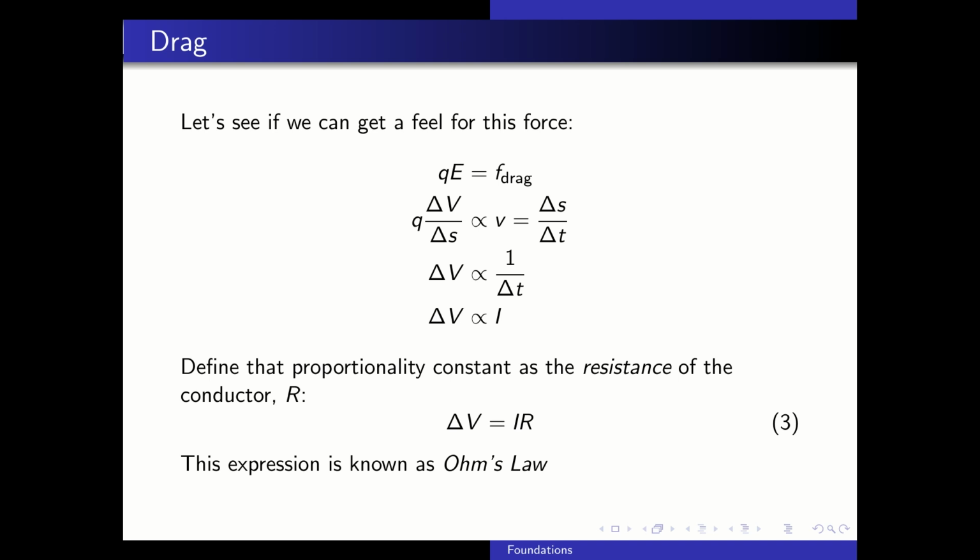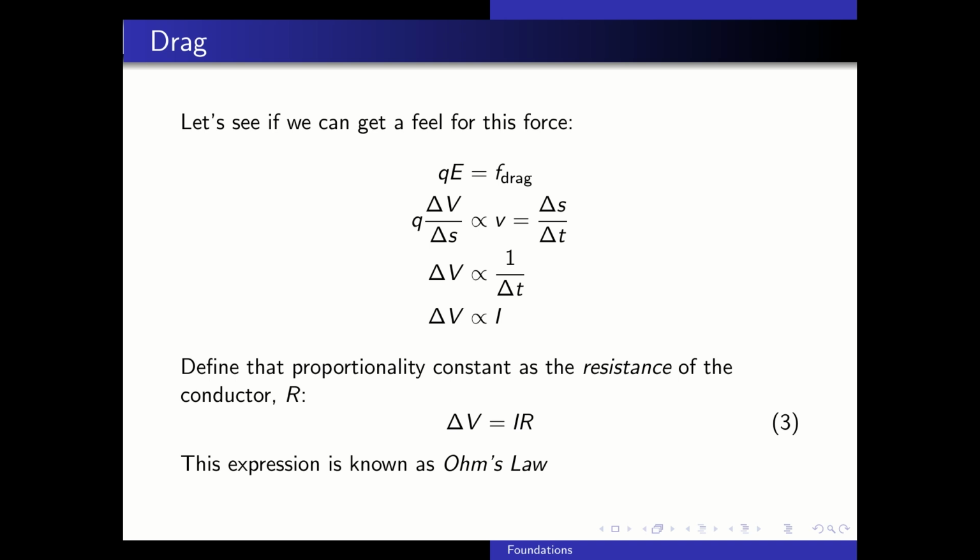What is important is that I have something that looks like, at first glance, a potential difference that is proportional to the current. And in fact, I can lump all those other quantities together and describe that as a single quantity R, what we call the resistance of the conductor, so that I can rewrite that force relationship as delta V, the potential difference, is equal to the current multiplied by this other thing, the resistance.